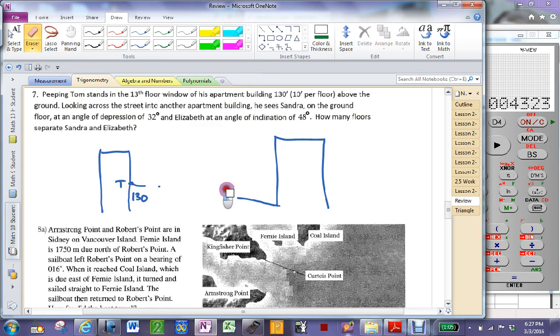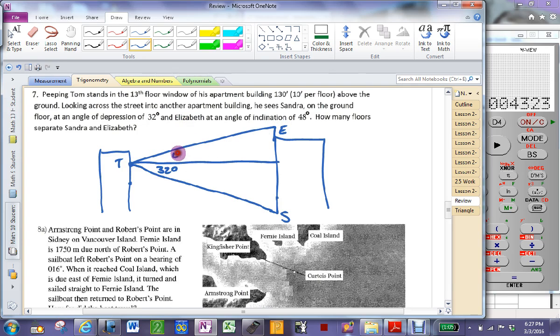It's a bad drawing. I'm going to tidy this up a little. I'm going to put Tom up here, down to the bottom. There's Sandra. 32. He looks up and sees Elizabeth at 48. How far between the two? So I need this distance x and this distance y.